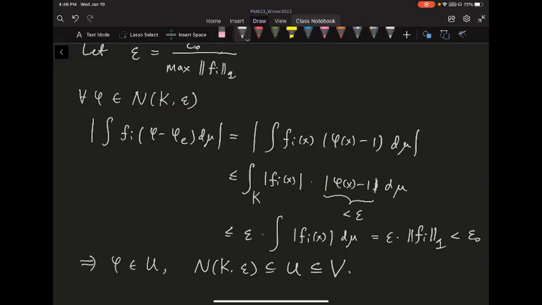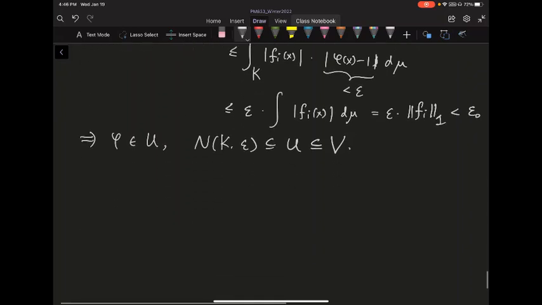Because U is open, you now have a neighborhood base N(K, epsilon). As an immediate corollary, once you have these descriptions, you can talk about a new topology on the G hat.